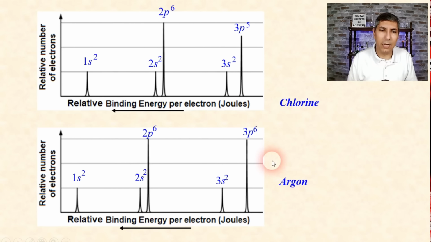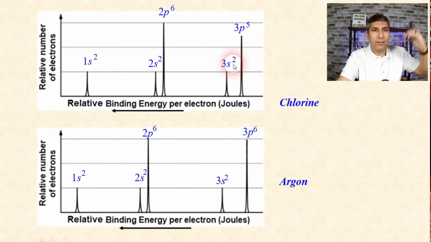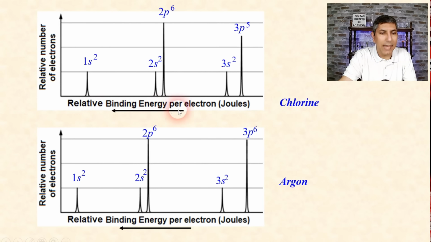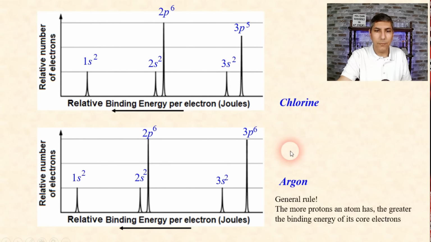Now, one little detail that sometimes they will ask about on the AP exam is the left and right. I want you to notice not just the height or where the peaks are, but notice where they are on the x-axis, the relative binding energy per electron. Generally speaking, the more protons an atom has, the greater the binding energy of its core electrons.